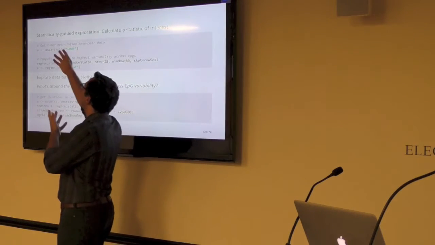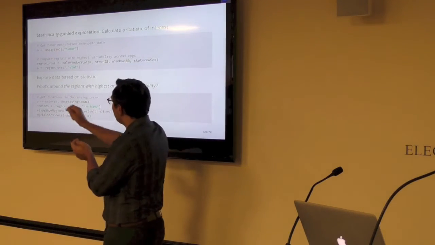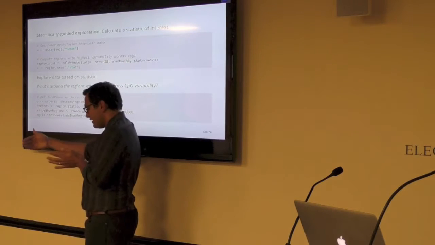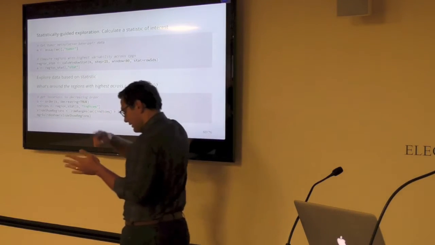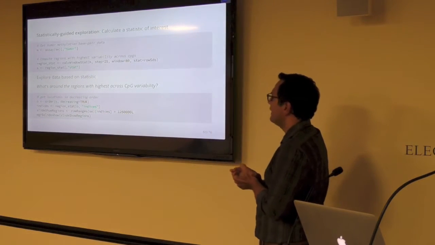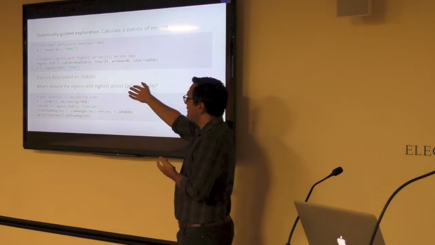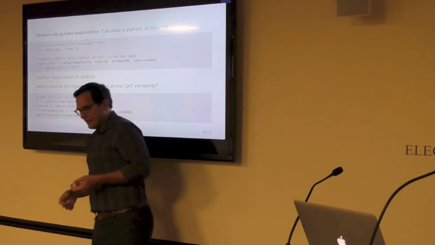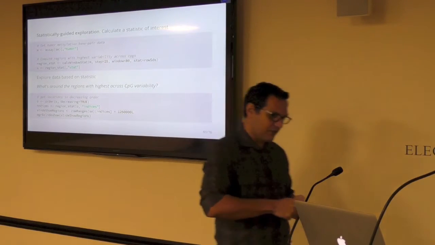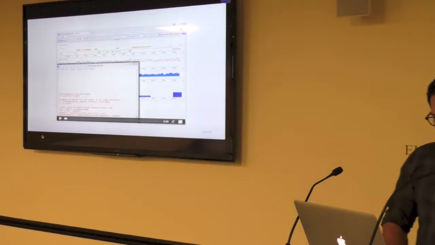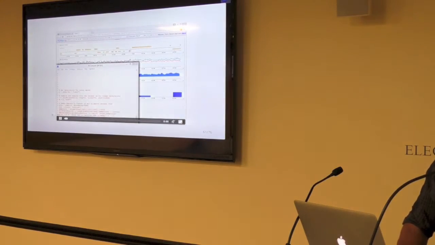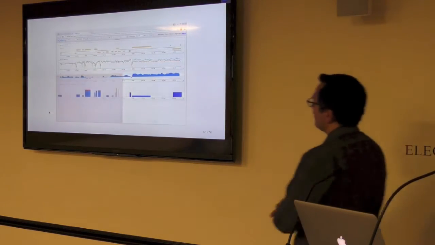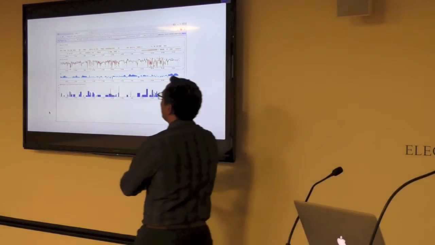For example, I can take my tumor methylation base pair data, compute the regions in the genome that have the highest spatial variability, and explore the genome based on that statistic. So I can create a slideshow that says, go from the regions with the highest variability in the genome and just show them, or show your collaborator as you go along.